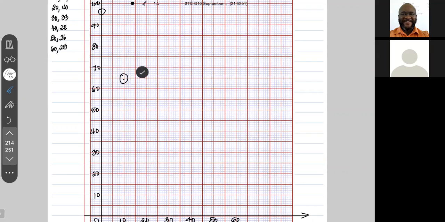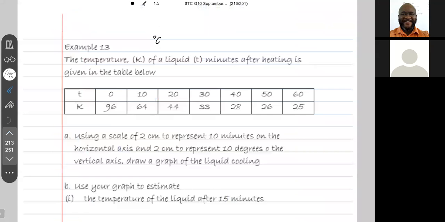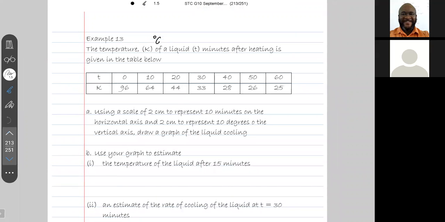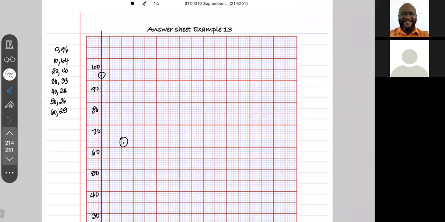Then 20, 40. Sorry, go back and check: it's 20, 44, not 20, 40.